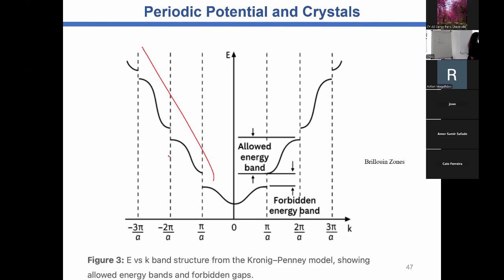So this forbidden energy band is usually described as the gap for inorganic materials, and depending on the energy of this barrier, we can say that the material has metal, semiconductor or insulator properties.